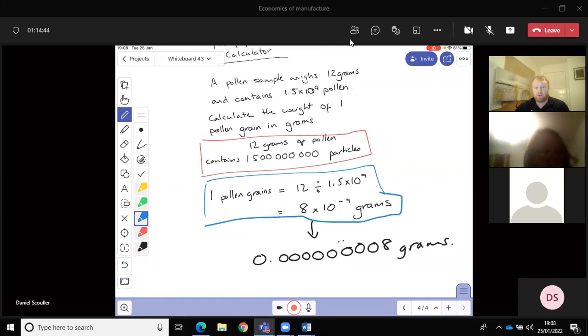Because it's a small number, so you're dividing a number by a really big number, and it's becoming a really small number. So we're dividing 12 by 1.5 billion. So how many 1.5 billions go into 12? 0.00008.